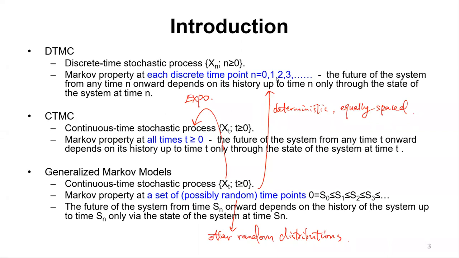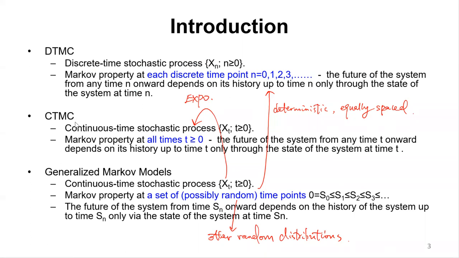So these are deterministic and equally spaced discrete time points. The future of the system from any time n onward depends on its history up to time n only through the state of the system at time n. Okay, so this is a discrete time stochastic process at discrete time points.